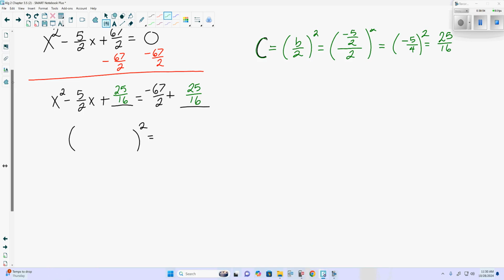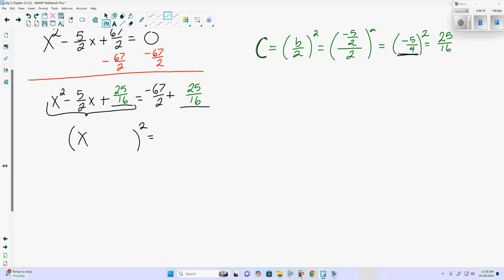Questions on how we got to this point here? Yes. Because at this point here, we're factoring this perfect square trinomial and trying to come up with the factors of 25/16. Well, we don't have to.